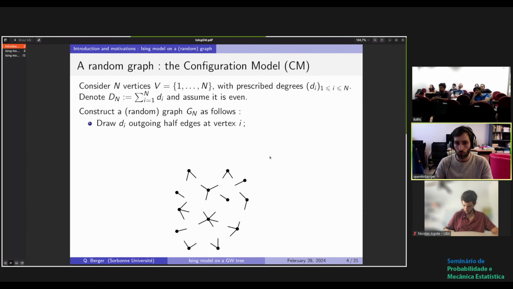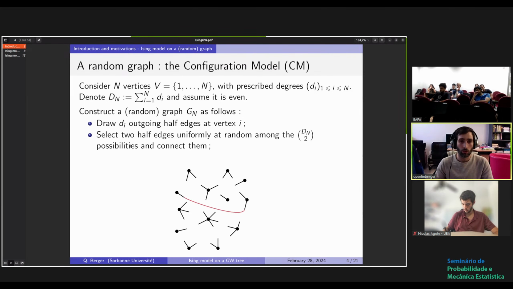And how do you construct that graph? Well, you draw the n vertices, and you draw d_i half edges attached to vertex i. Then what you want to do is connect half edges at random. The first thing you do is select two half edges uniformly at random among all the possibilities.